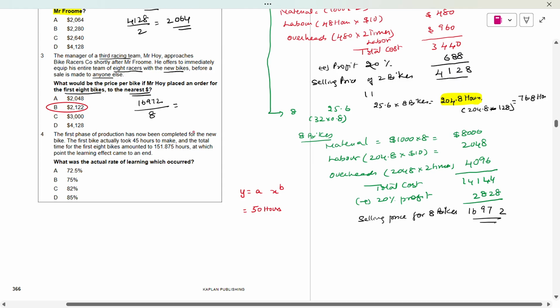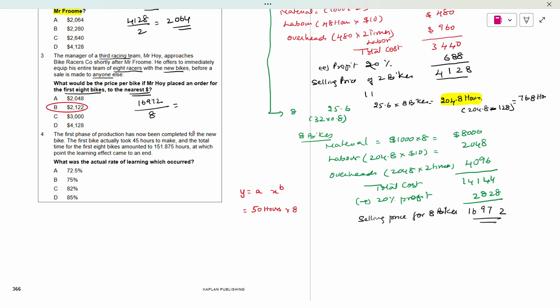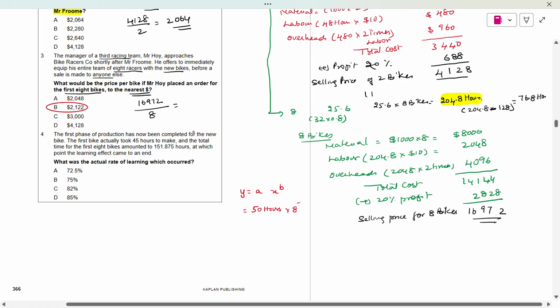What is the x? x is 8 to the power of b. Log 8 is how much? Wait, I'll give you: log 0.8 over log 2 is 0.3219.